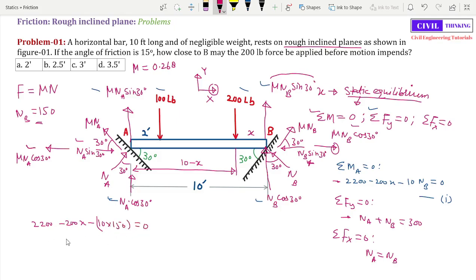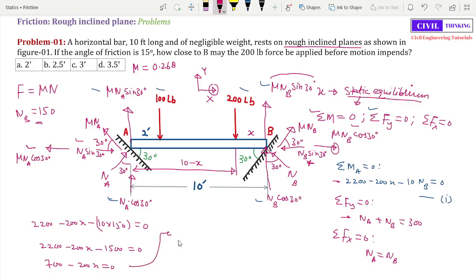So it is 2200 minus 200x. Now 150 multiplied by 10 is 1500, equal to 0. Now 2200 minus 1500, how much is this? It is 700. 700 minus 200x is equal to 0.